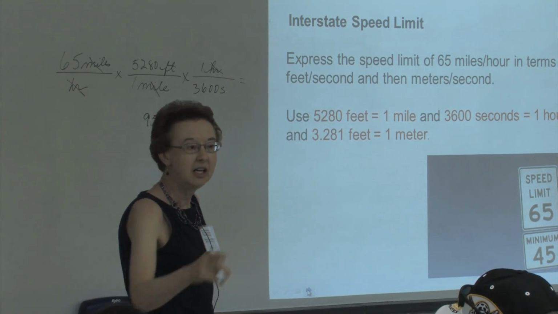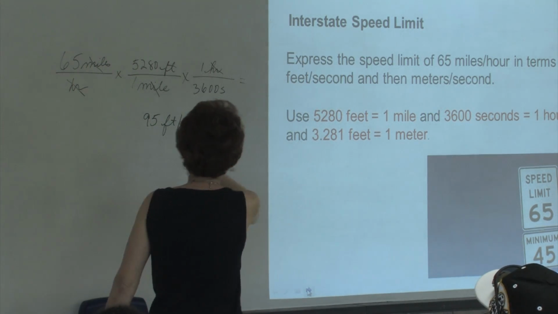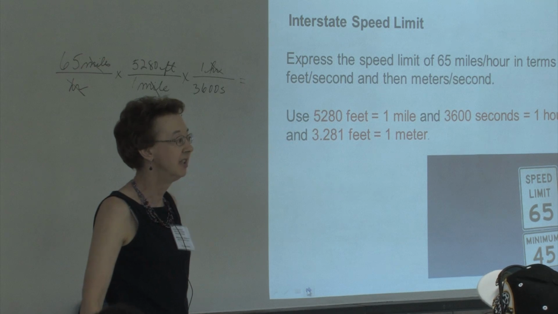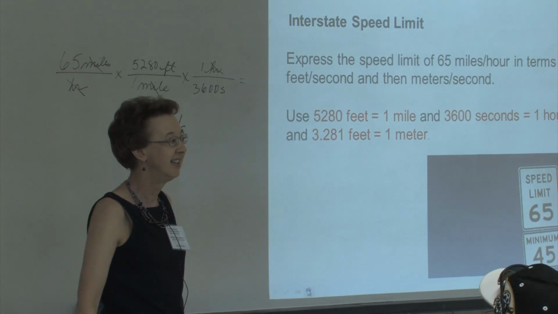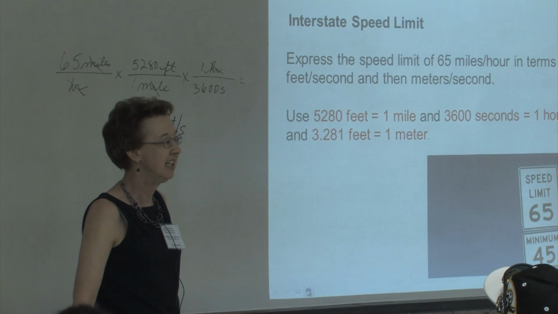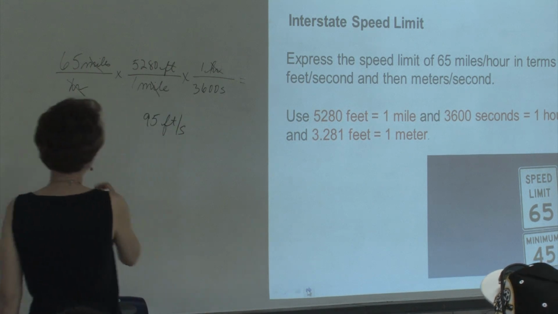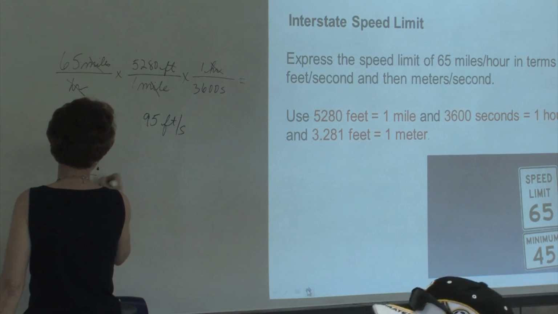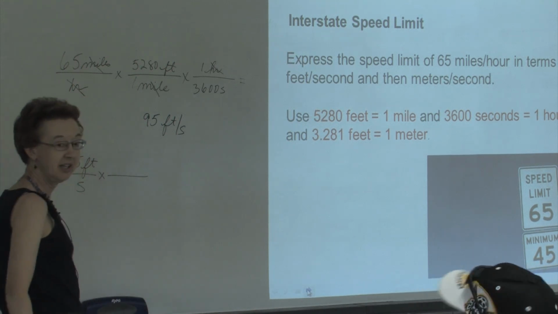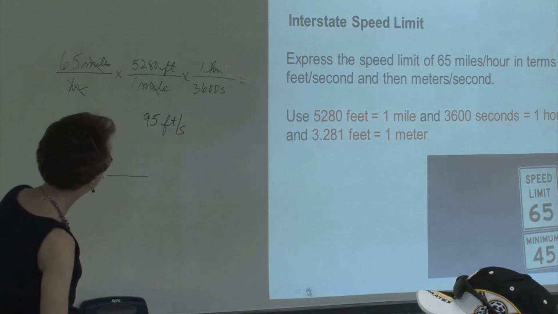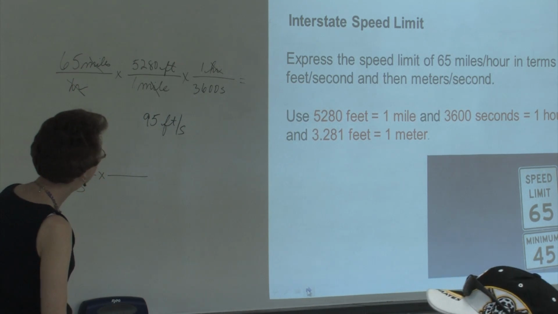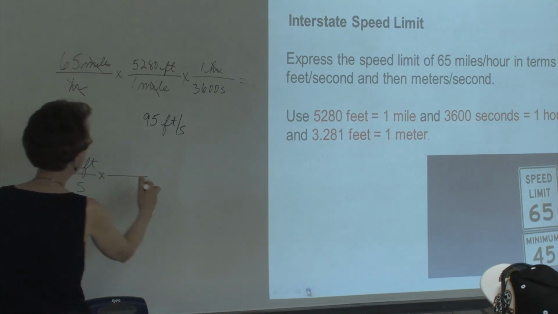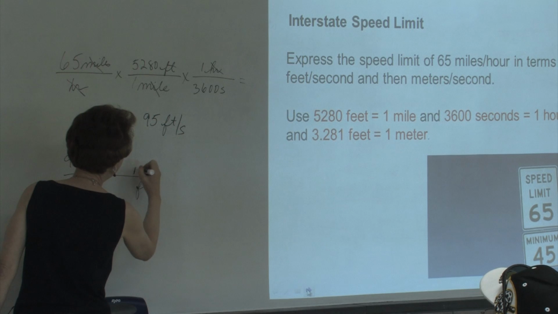Now, what's the next step? I want to take this and go to meters per second. What would I do? Divide by 3.281. I like to multiply. Where do I put the feet? At the bottom. What do I put at the top? The meters.